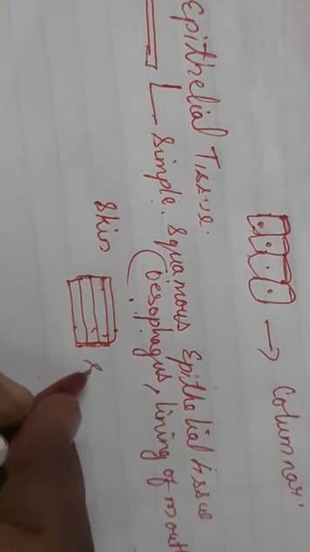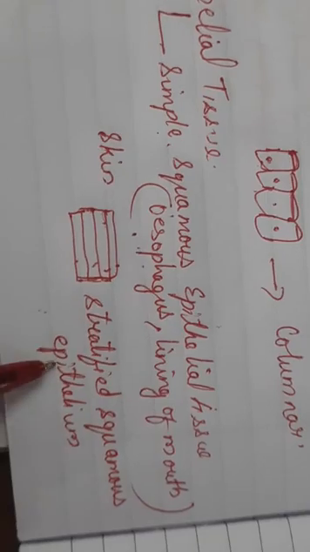Since they are arranged in many layers, this is called stratified squamous epithelium. Clear, children? So simple squamous epithelial tissue, and squamous tissue is also of one more kind, that is stratified.